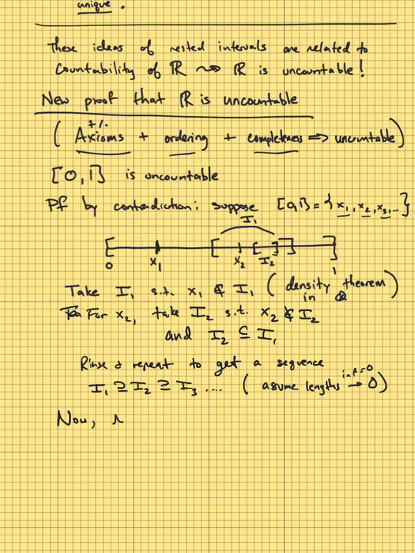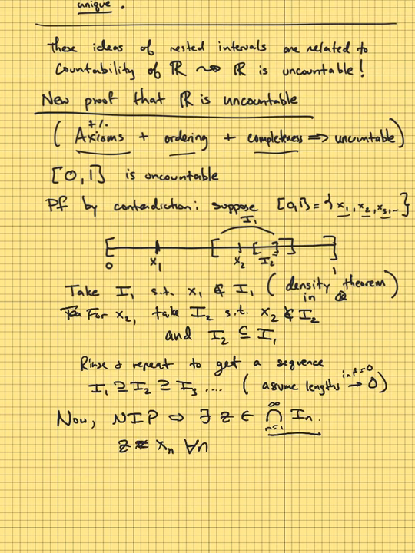So now, this nested interval property implies that there exists some z in the intersection of these intervals. Okay? And the claim is that z is not equal to xn for all n. And of course this has to be, right, because z is in every single interval and x sub n is not.